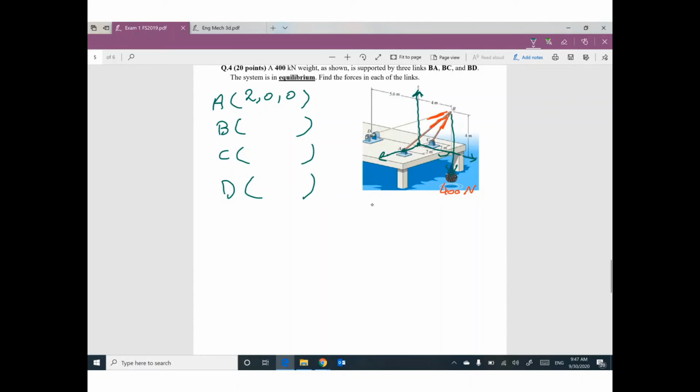Here is B. So in X, it will be 0, in Y, it will be 4, in Z, it will be 4. Point C in X will be -2, in Y, 0, in Z, 0. Point D, which is at the back, in X, 0. In Y, I'm sorry, not 0. In Y will be -5.6. And Z will be 0.